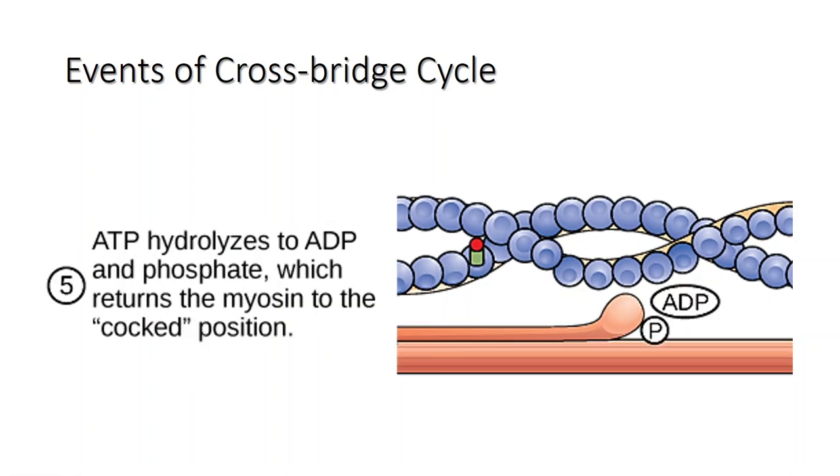After this occurs, adenosine triphosphate is converted into adenosine diphosphate and inorganic phosphate by the intrinsic ATPase activity of the myosin head. The energy released during ATP hydrolysis changes the angle of the myosin head into a cocked position. The myosin head is now in position for further movement.